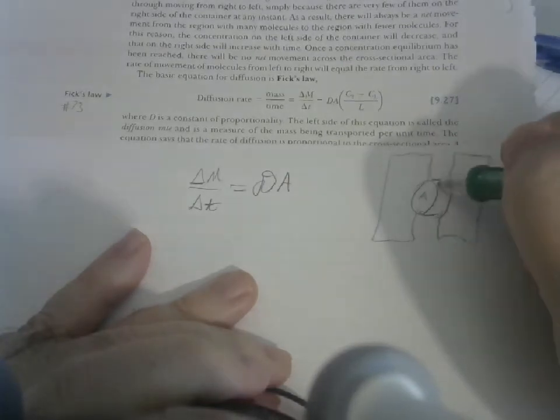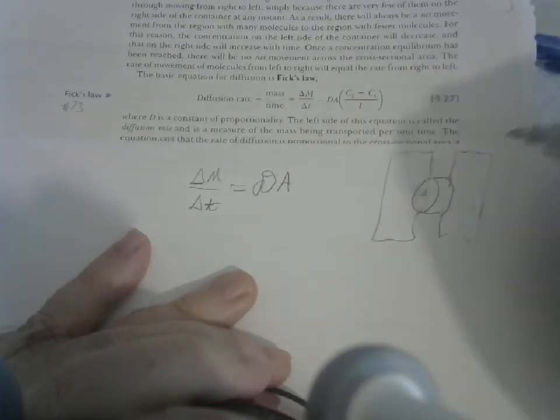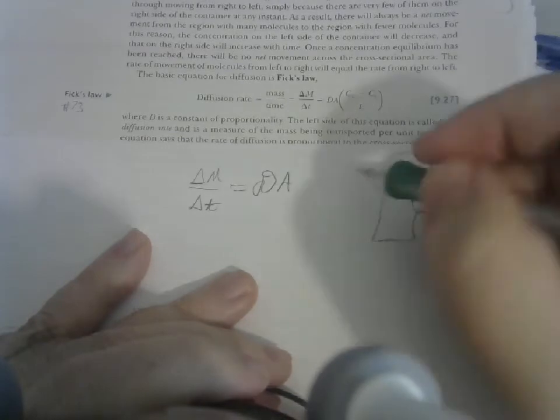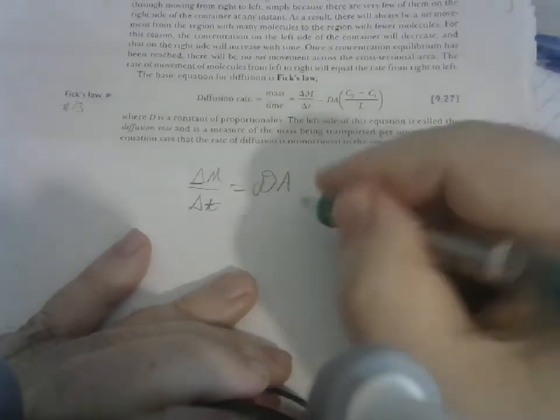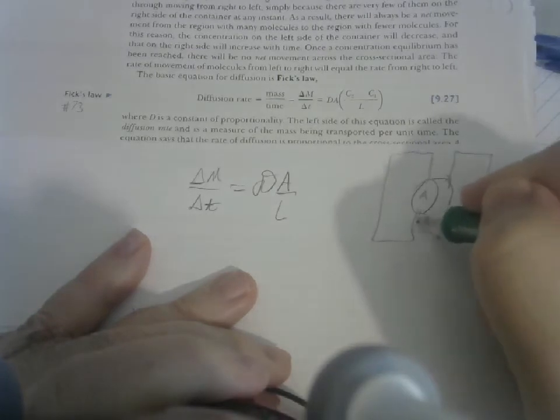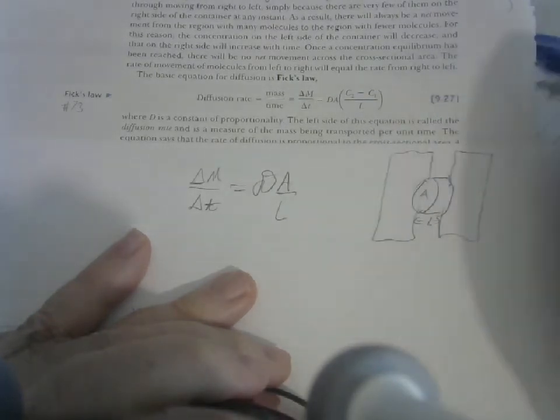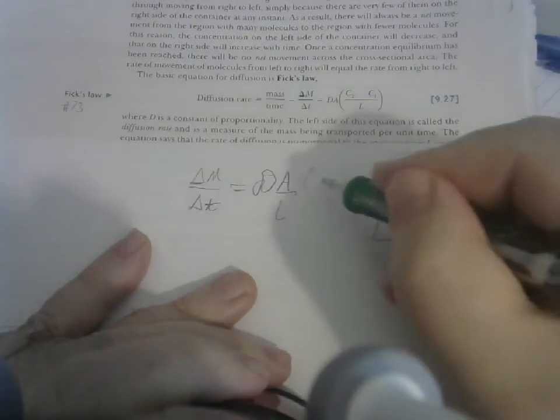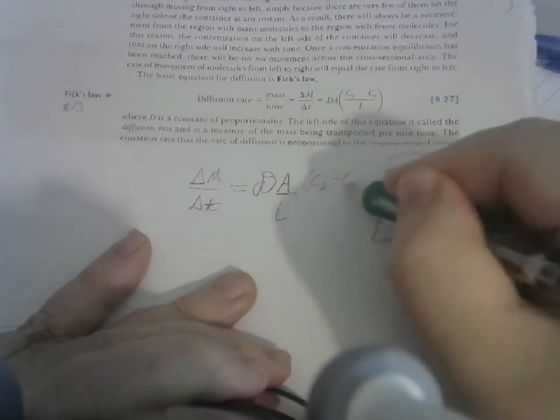I drew that three-dimensionally, but I drew those one-dimensionally, but that's okay. It's the diffusion rate times the area divided by the length, so this is the length here, and then we'll have concentration 2 minus concentration 1.